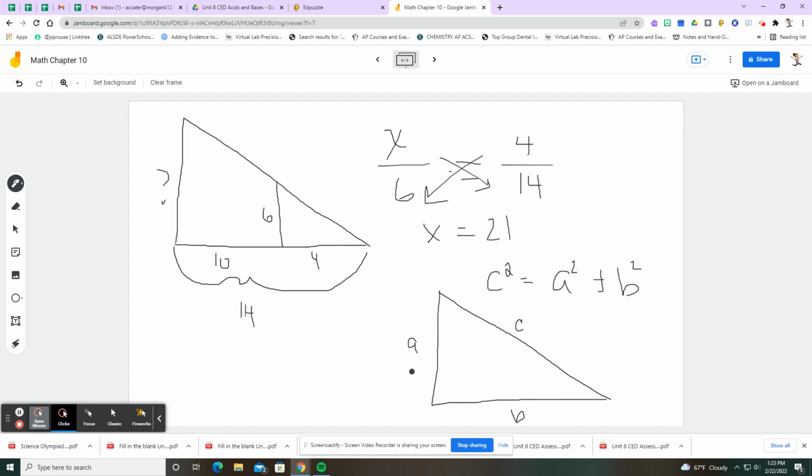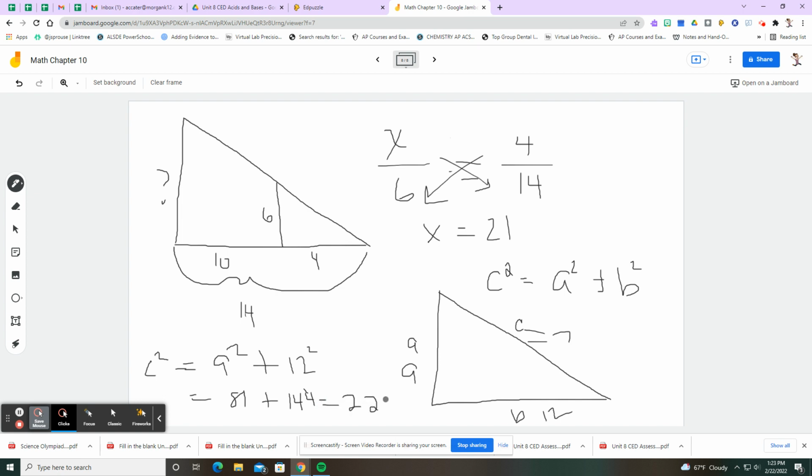in our particular triangle, we have this is 9 feet, this is 12 feet, and we're looking for what c is equal to. So c squared is going to be equal to 9 squared plus 12 squared. So that's going to be 81 plus 144, which is 225.